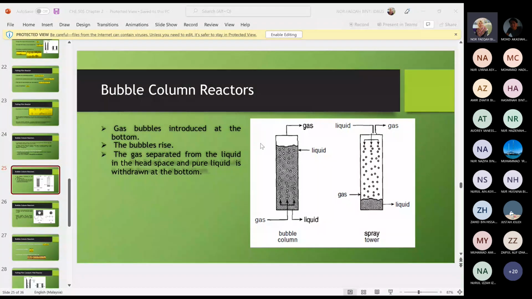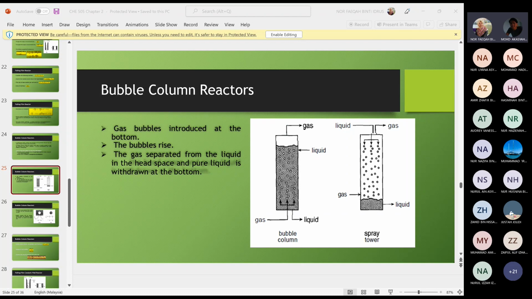Okay, nampak ke tak? Gambar bubble column and spray tower. Nampak, tapi boleh tak Doktor cuba tukar slide nak nampak kalau gerak atau tak. Okay, now? Gerak tak? Tak gerak. Dia masih dekat bubble column. Still gambar bubble and spray tower.